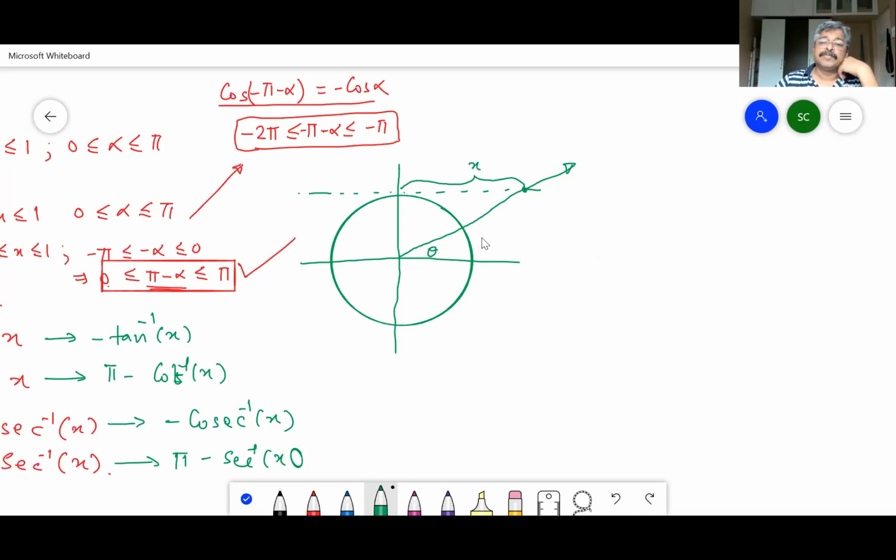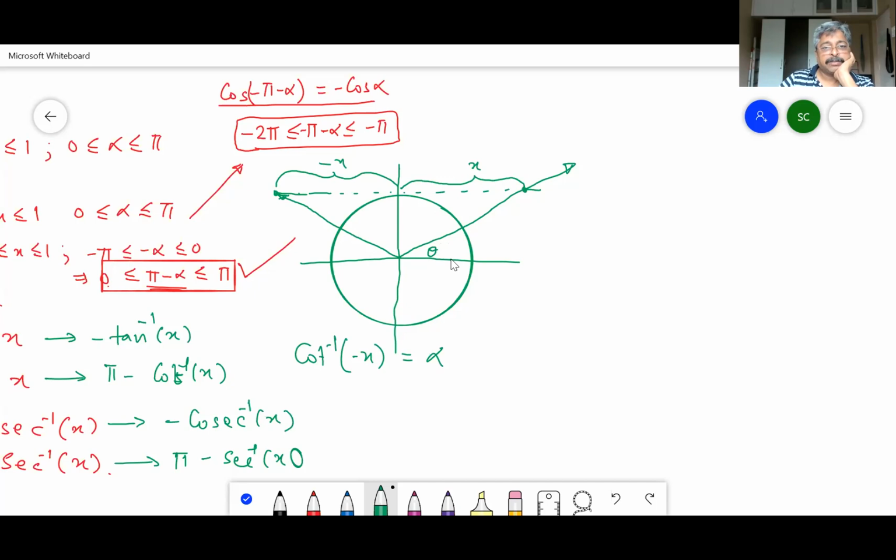Okay, so opposite of x will be here, and the terminal ray will be like this. So cot inverse of opposite of x is alpha.